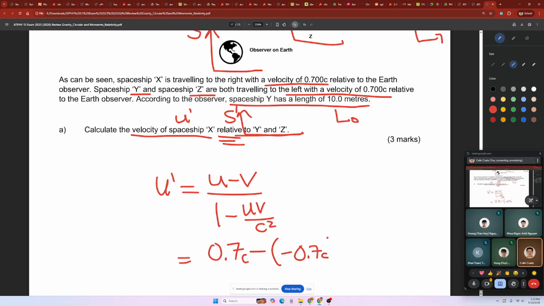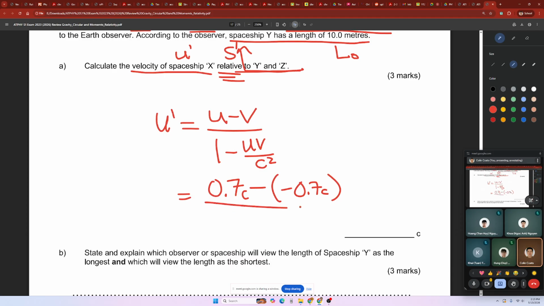I better put that in, and that's going to be over negative 0.7 times negative 0.7, and our c is going to be crossed out. And then we end up with this positive on top, okay?